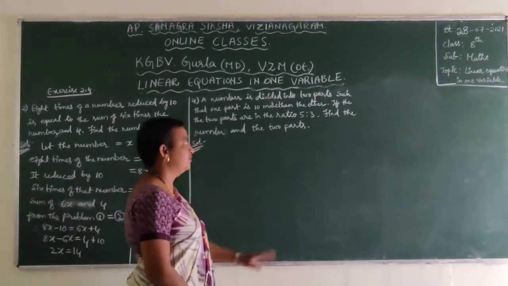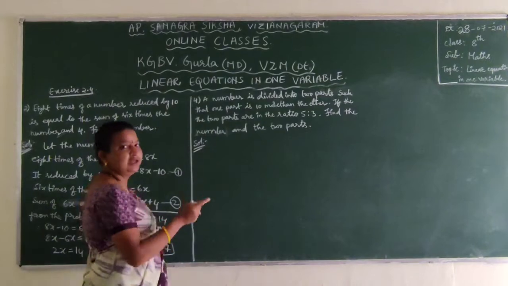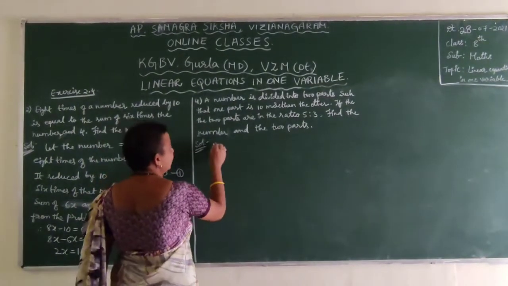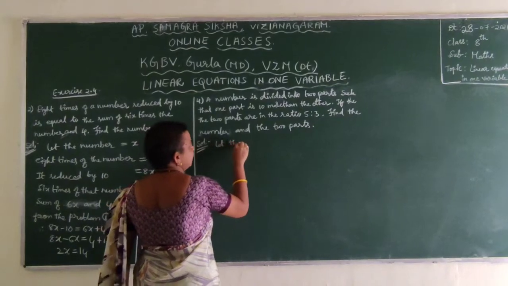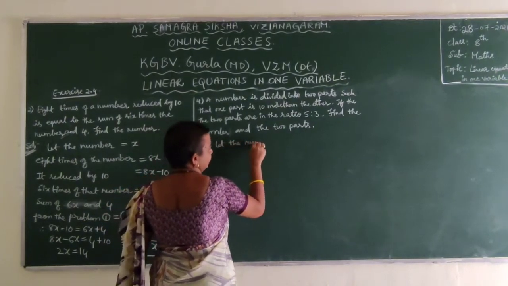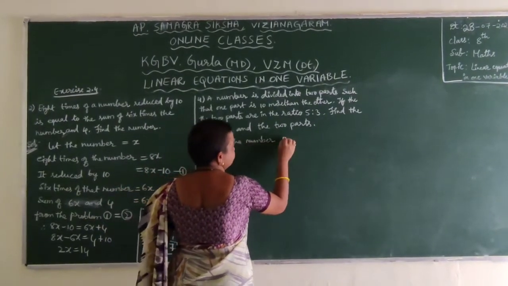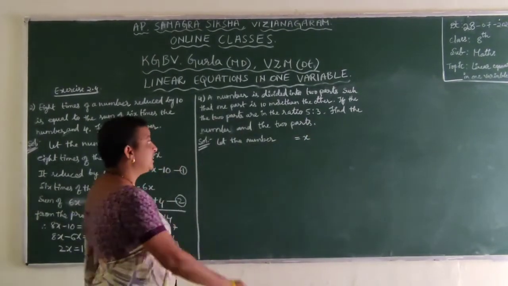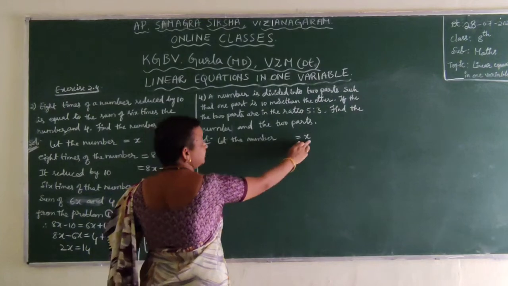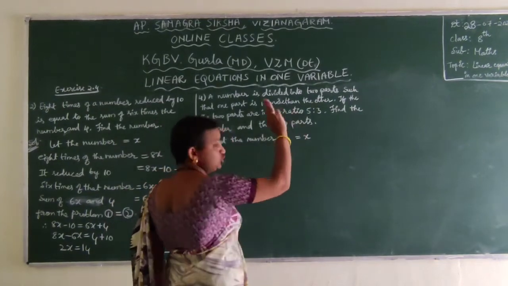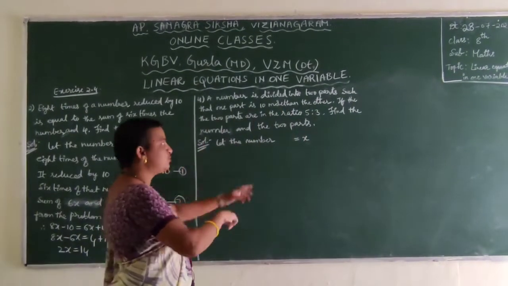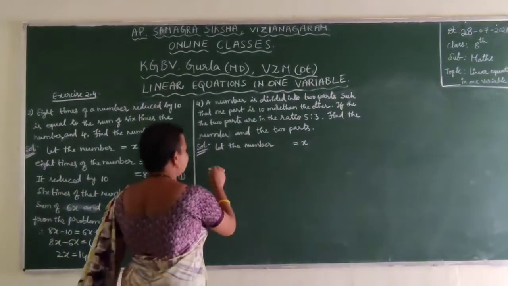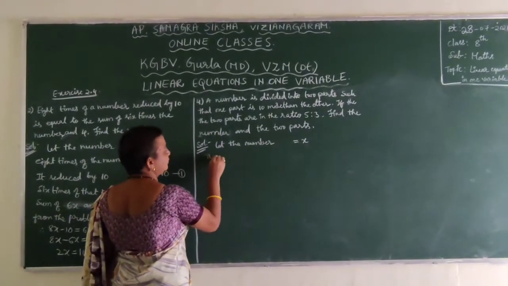Okay children, first we have to take the number as a variable x. Let the number be equal to x. The number x can be divided into two parts. Those two parts are in the ratio 5:3.